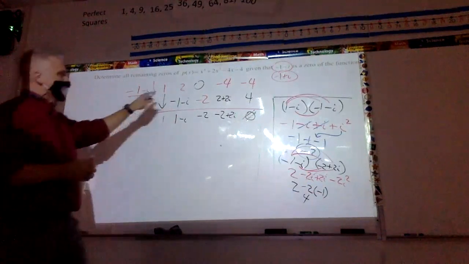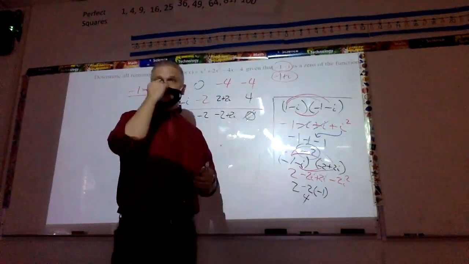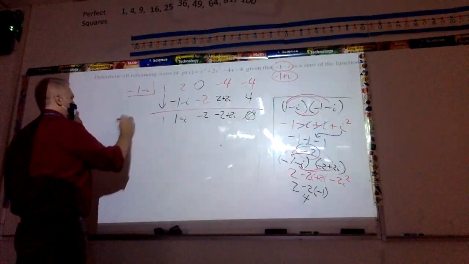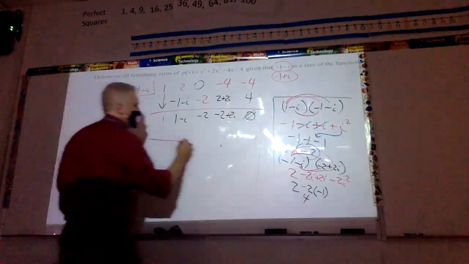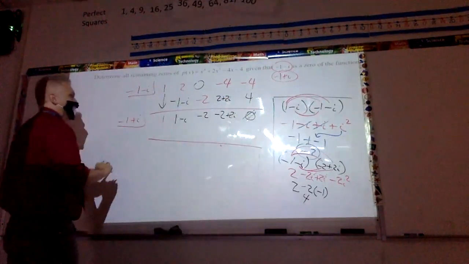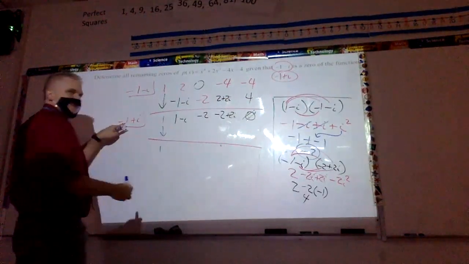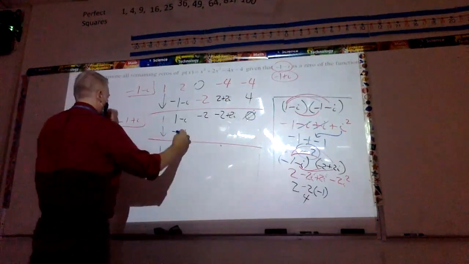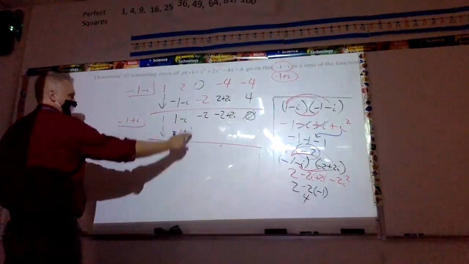Okay, so we've taken care of dividing by the first 0. Now let's divide by the second 0. So negative 1 plus i. All right, bring down your 1. I'm telling you, the second one is always going to be magical. So we got negative 1 plus i. What happens? 0.